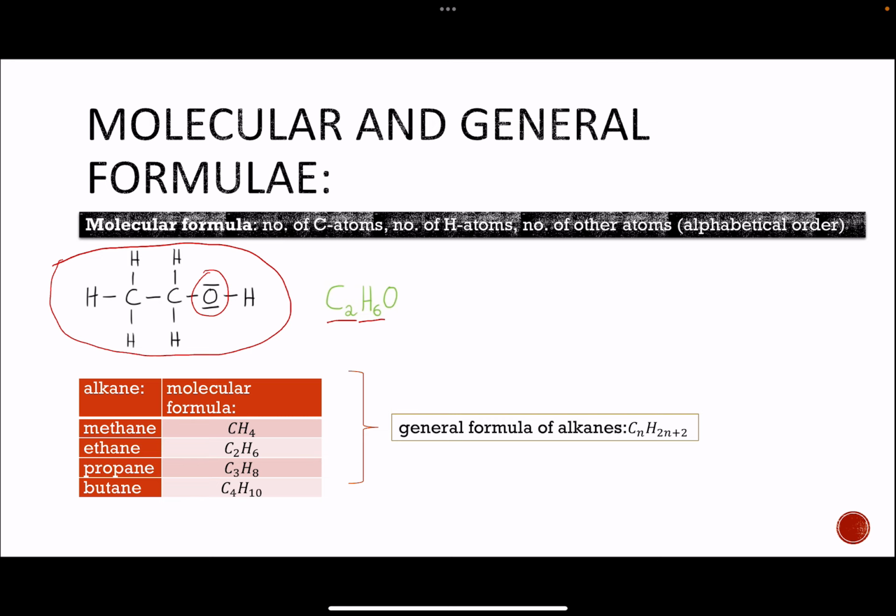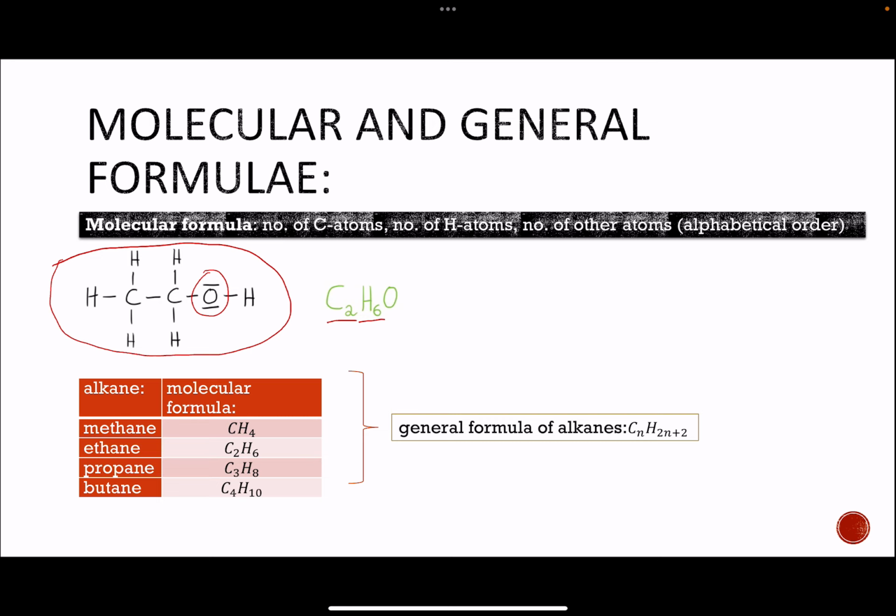This system allows us to calculate the molecular formula of any alkane that we want. We can sort of extract a general formula of alkanes, and this is CnH2n plus 2.